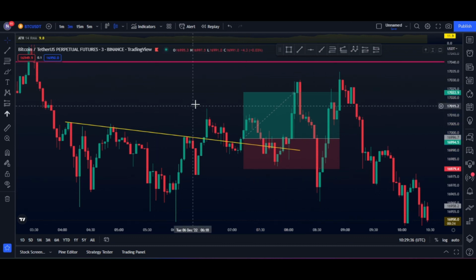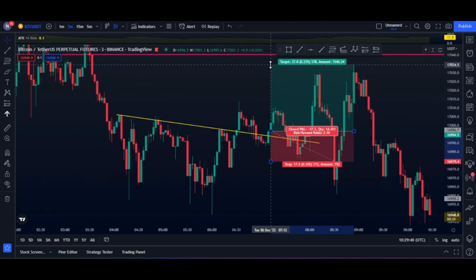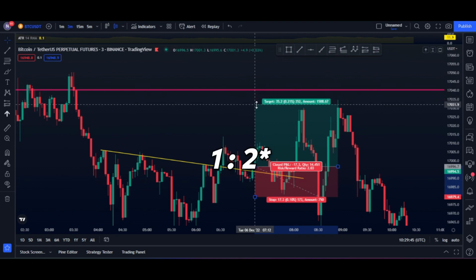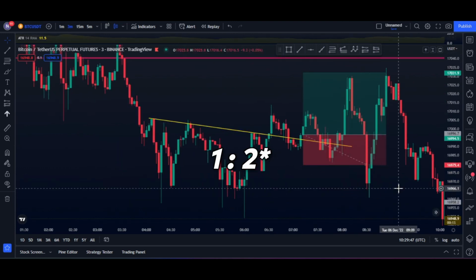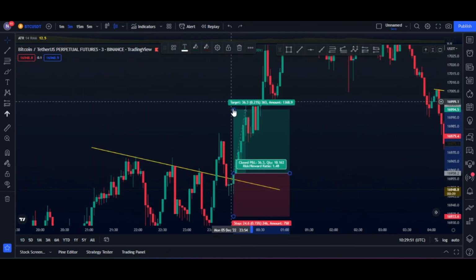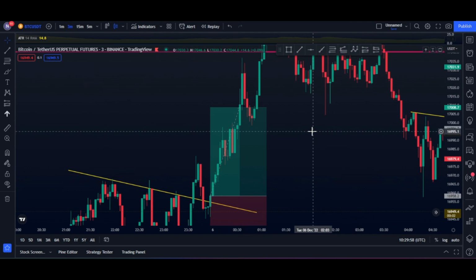Yeah, so depending on your trading strategy or your risk management, you can always adjust this to say I want to do 1 to 1.2 risk to reward. I would have lost on this trade here, 1 to 1.2, or I'm sorry, 1 to 2 risk to reward ratio, I would have won this trade.